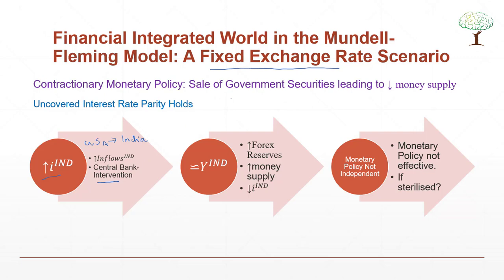Once the central bank intervenes and buys the excess dollars that have come into the market, what will happen? The forex reserves will increase. It buys dollars and it sells rupees, because that is the transaction that it has to undertake. It has to give something to buy those dollars.